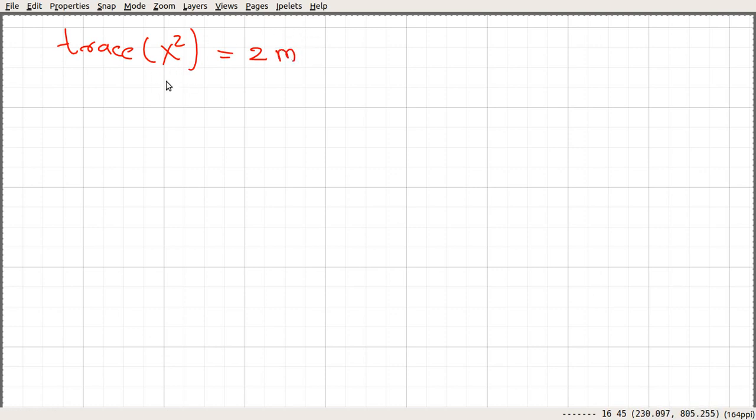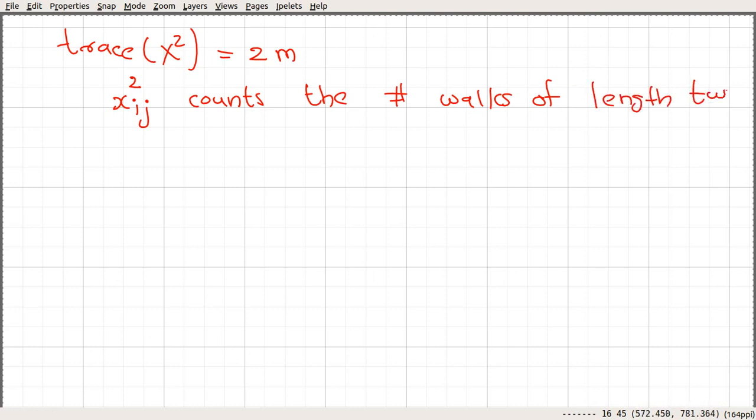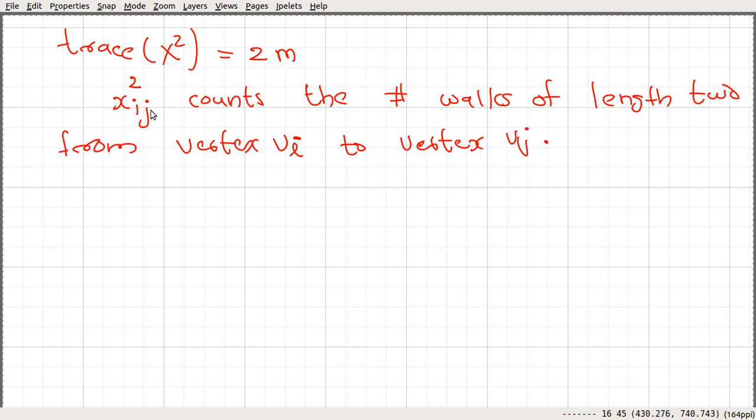From the last video we know that the ij-th entry of the squared matrix counts the number of walks of length 2 from vertex vi to vertex vj. This is true for any two vertices in the graph.